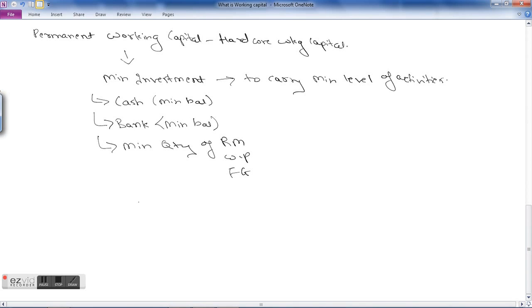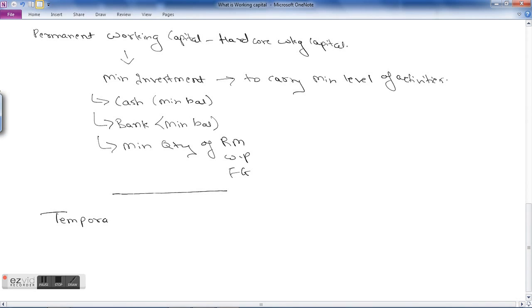So all this, minimum investment to carry minimum level of activities, is known as permanent working capital as it won't fluctuate. It will remain constant throughout the year. So this is on the basis of your daily requirement.